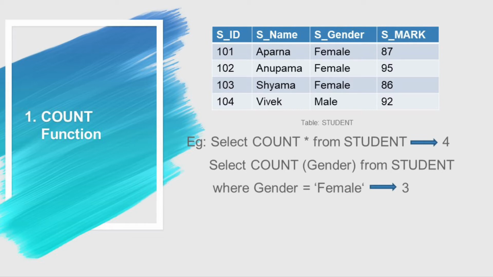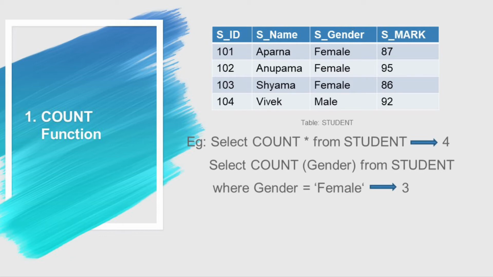Or if we want to give some particular condition over count function, we can do like that. For example, we can select count of gender attribute from the student table, applying a condition that gender equal to female. So, we have 3 records with gender as female. So, it will generate 3 as the count. So, this is the use of count function.